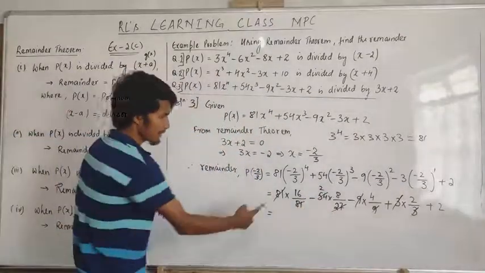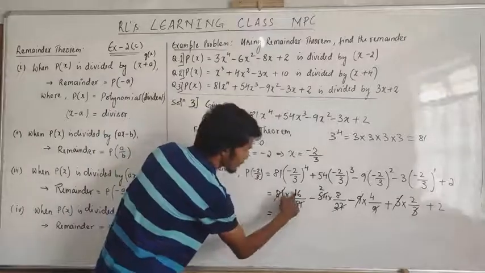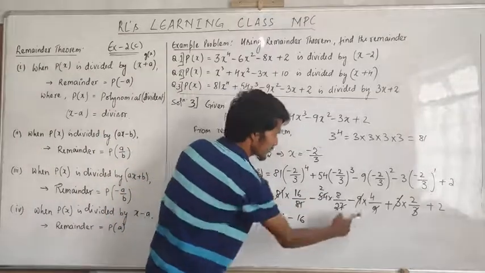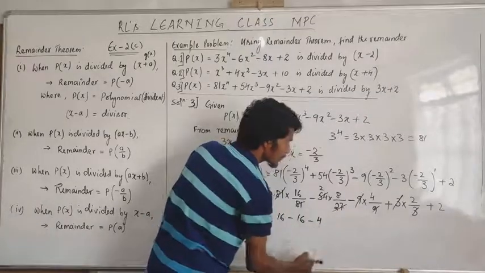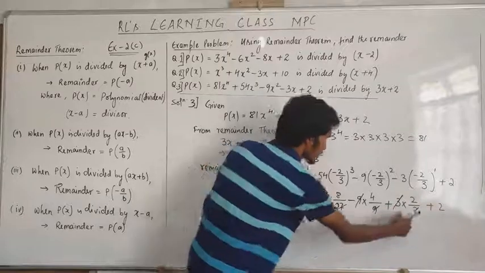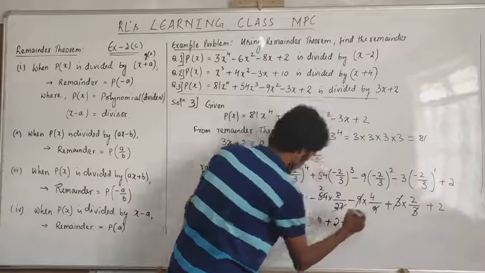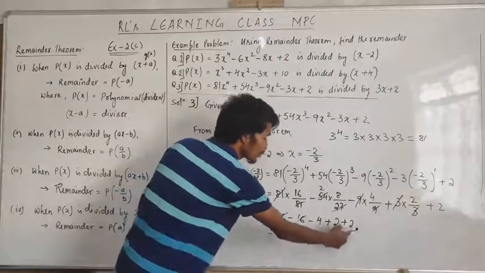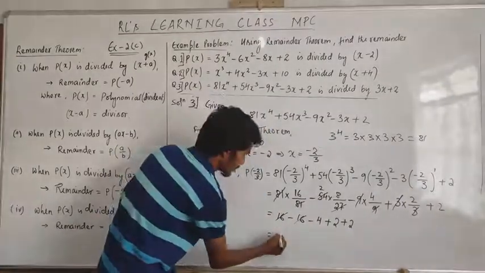Here 16 minus 2 into 8 is 16. Then minus 4, then plus 2, then plus 2. Then how much do we get? 16 minus 16 cancel. Now 2 plus 2 will be 4.